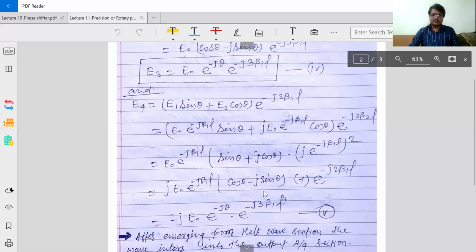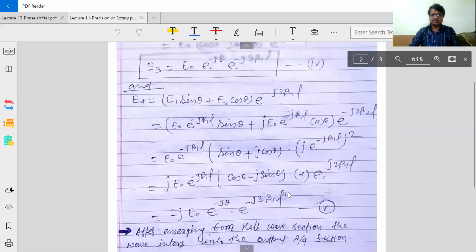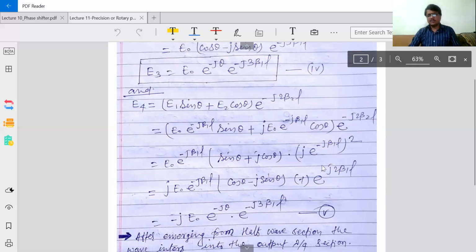Okay, so by solving this one, again one more thing, here it is interesting: what value may be written for e to the power minus j 2 beta 2 L? I want to write this equation in terms of beta 1.